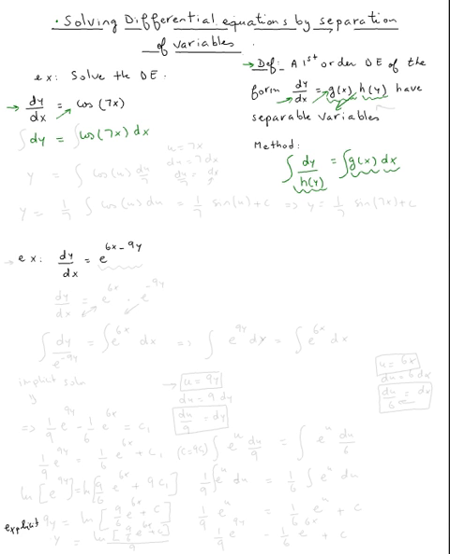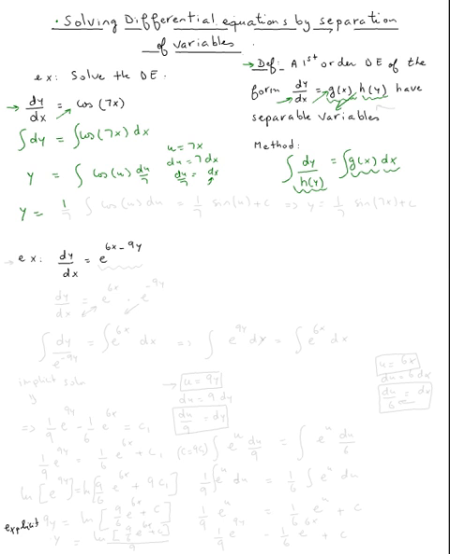Now all we do is take the integral of both sides. Integral of dy is y. And integral of cosine of 7x, let's do substitution so you can see it. So u is equal to 7x, du is equal to 7 dx. So dx is equal to du over 7.